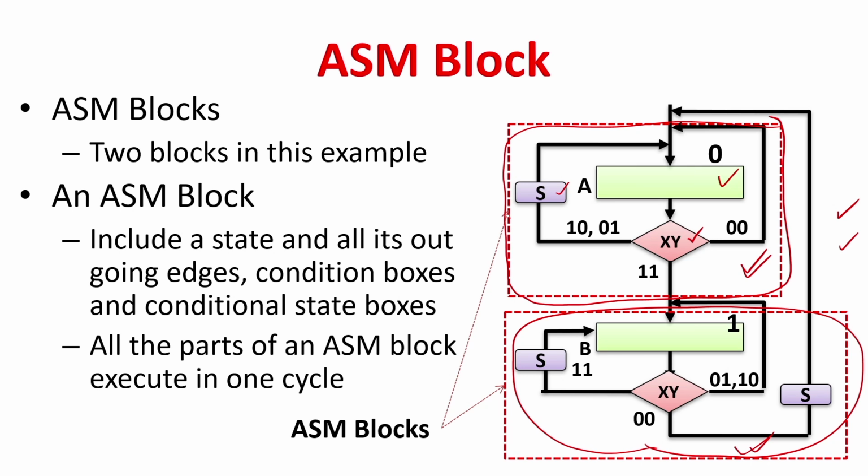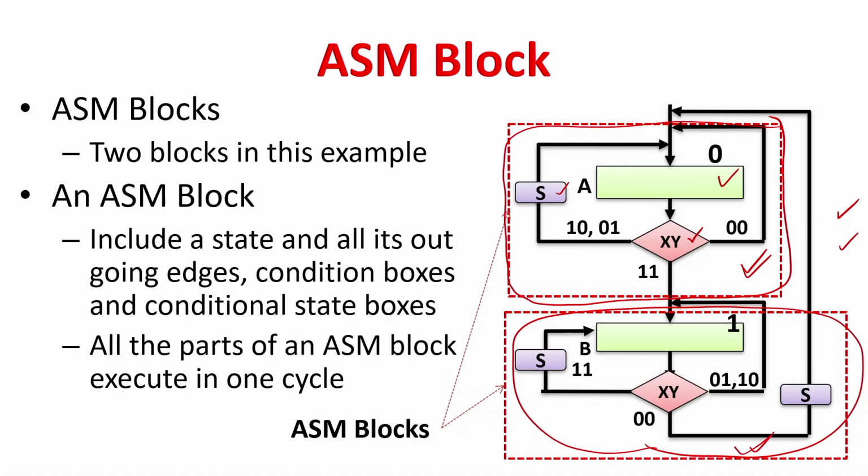Whenever a block is activated in the cycle, the whole block gets executed. Not only the state box, not only the conditions, not only the conditional state box, all the things get executed together in the cycle. And in this particular example, we have two blocks.